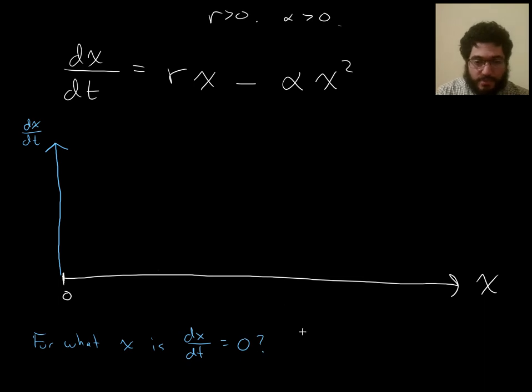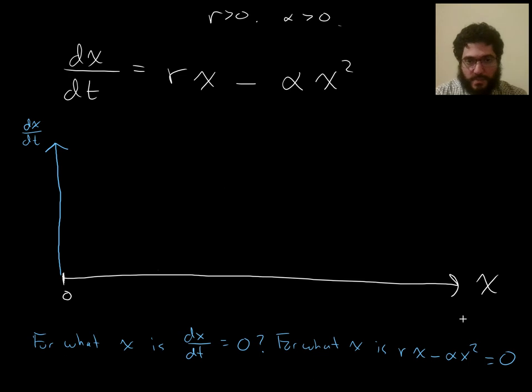And to answer that, for an autonomous differential equation, there will be just an equation involving x that answers that. So the question is just, for what x is rx minus alpha x squared equal to 0?